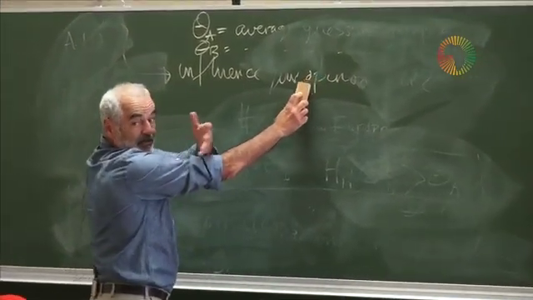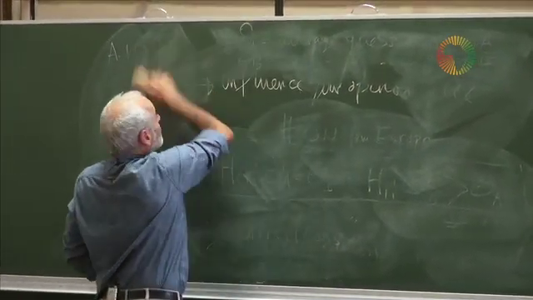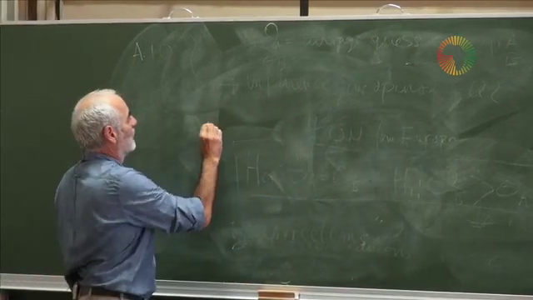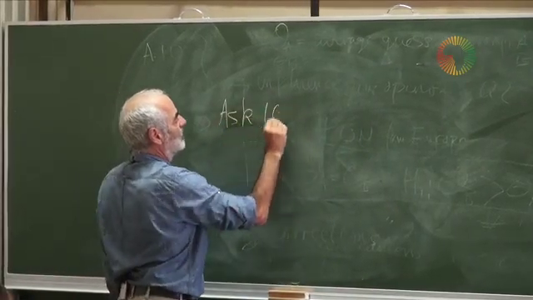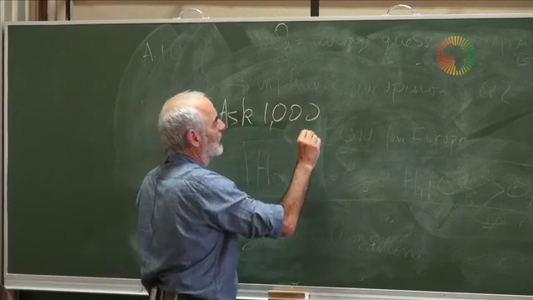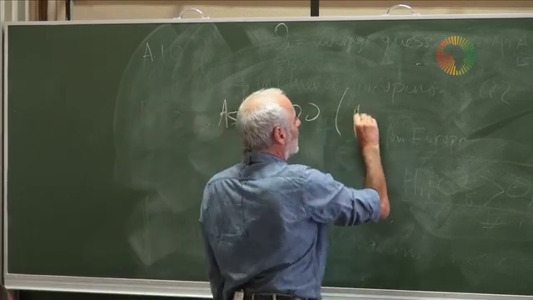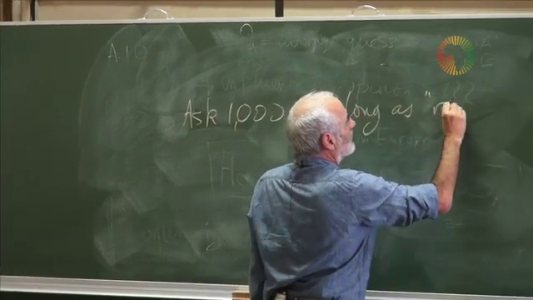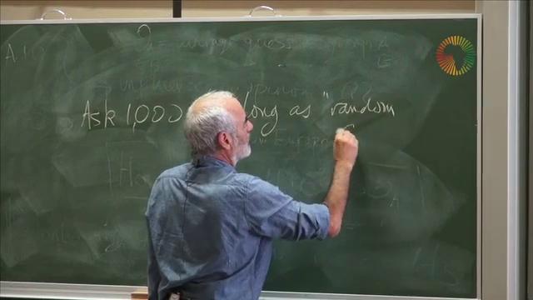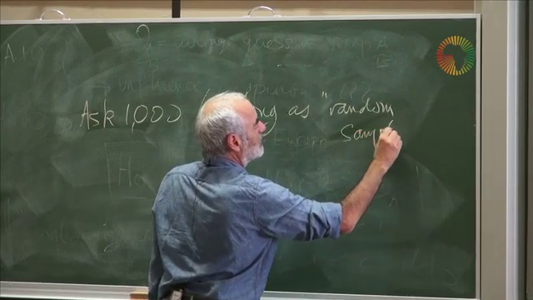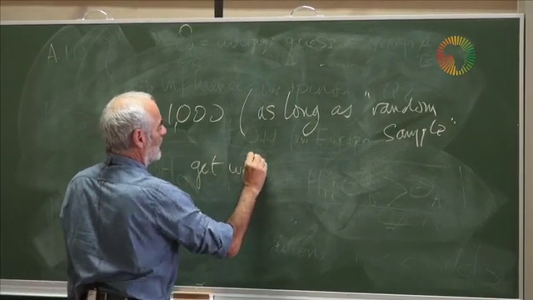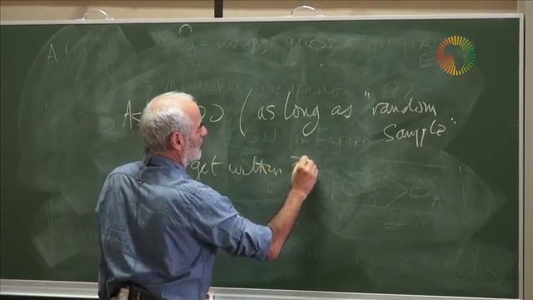So whether it's 10% or 70%, if you ask 1,000 people, as long as it's a random sample, not biased, then you should get within 3%.